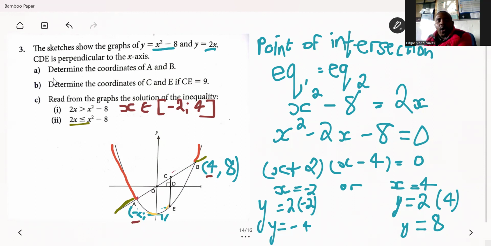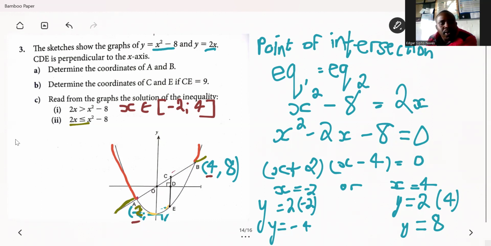So what we can see is that for all the x values before x equals -2, which is the coordinate of A, the parabola is above the straight line.